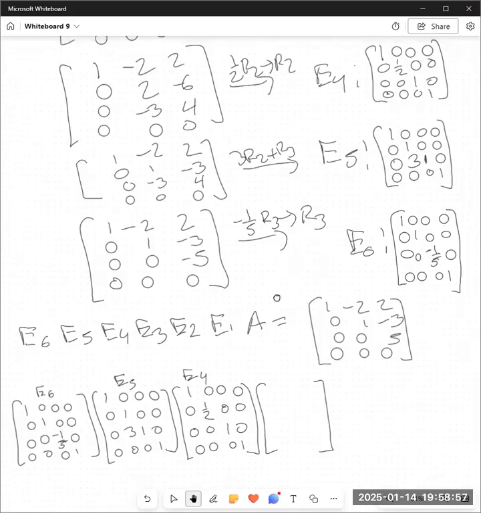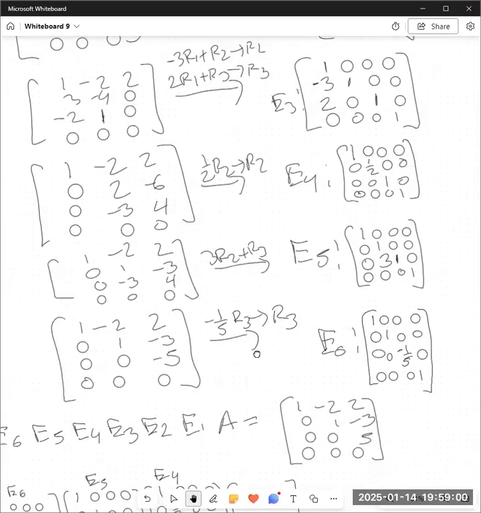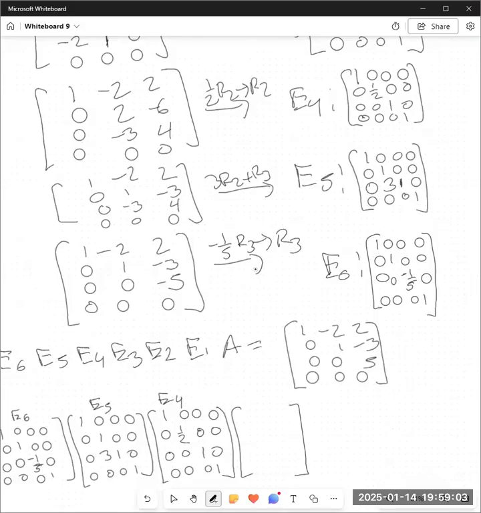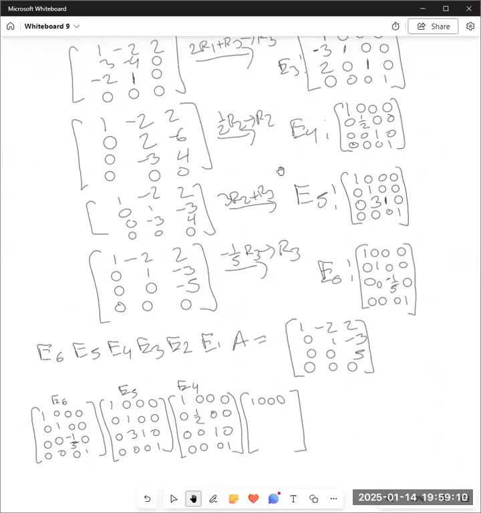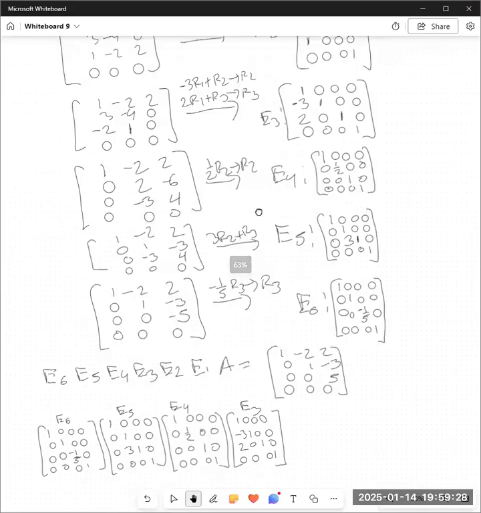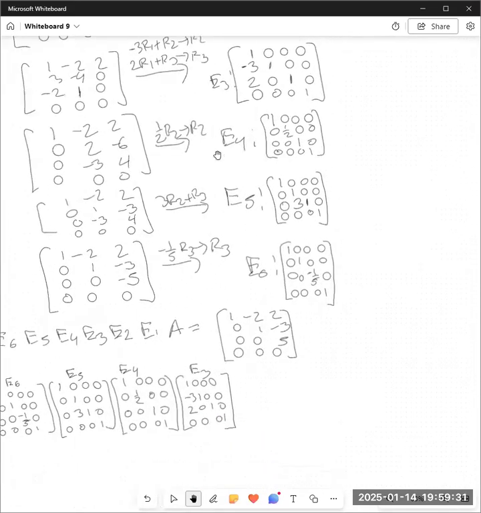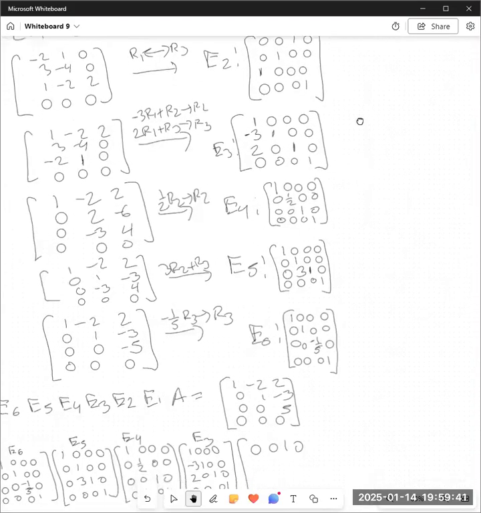Then E3 is 1, 0, 0, 0, -3, 1, 0, 0, 2, 0, 1, 0, 0, 0, 0, 1. E3. This is me swapping row 3 and 1.